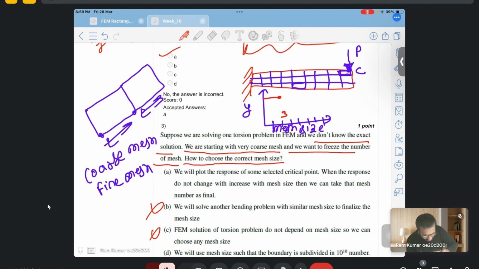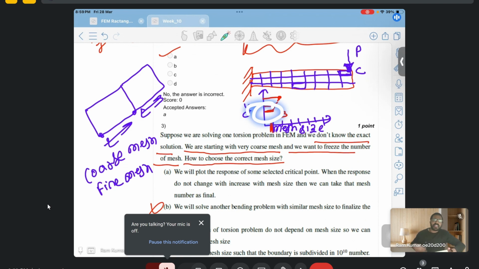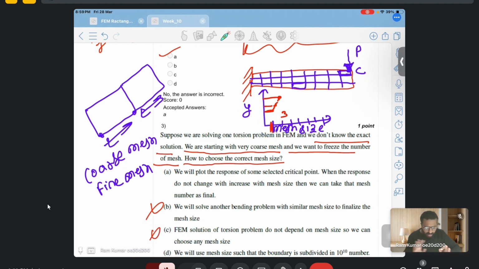Then I go to the next and get another response, and similarly for the next. After a certain mesh size, this displacement will not change. So we did the convergence study, and we will keep this element size.